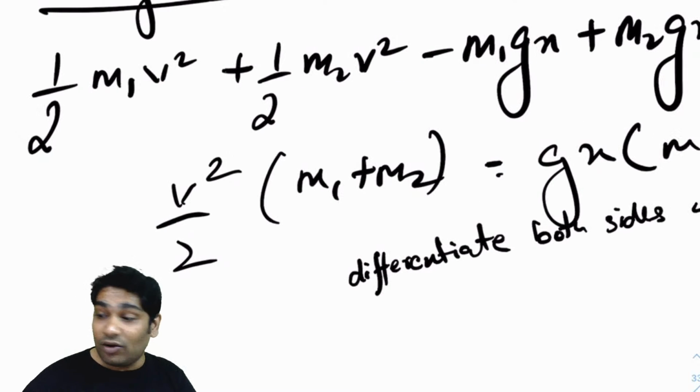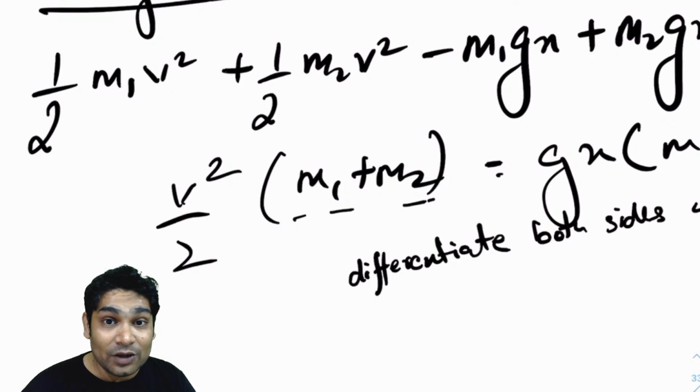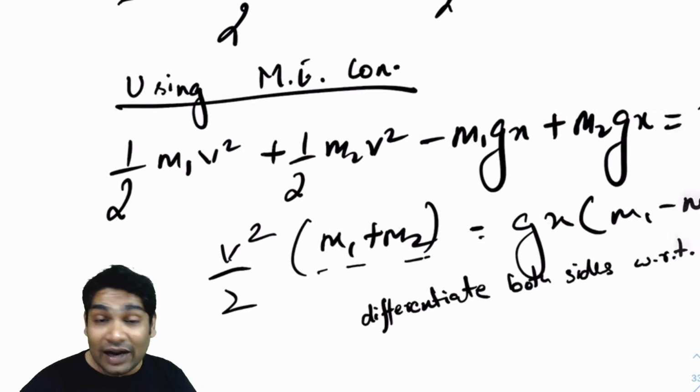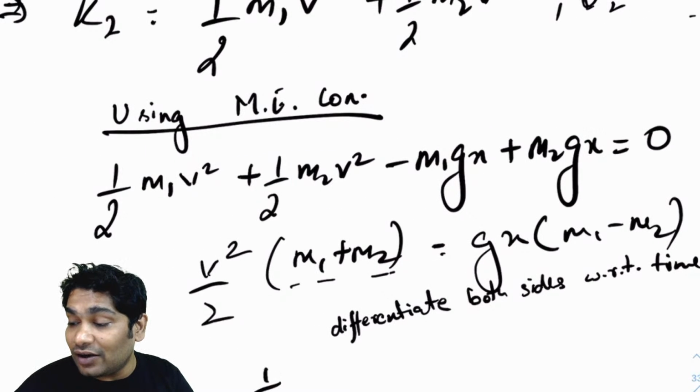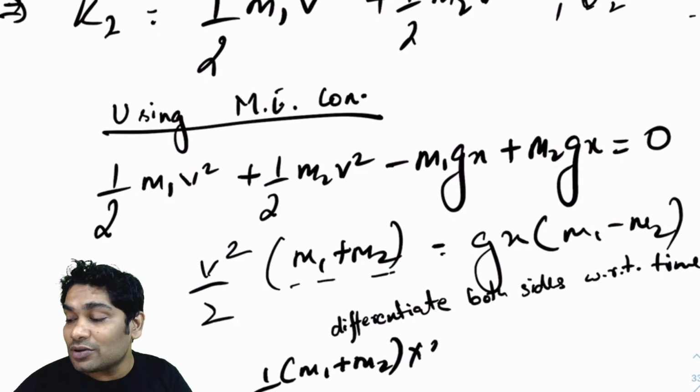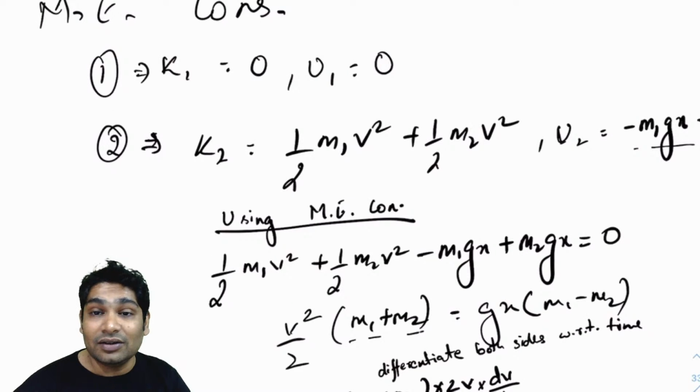So when you're differentiating, obviously these two are constant. The only thing that will get differentiated is v. So what is the differentiation of v square with respect to time? It will be half m1 plus m2 times 2v times dv over dt. Alright, that is the derivative of the expression with respect to time.